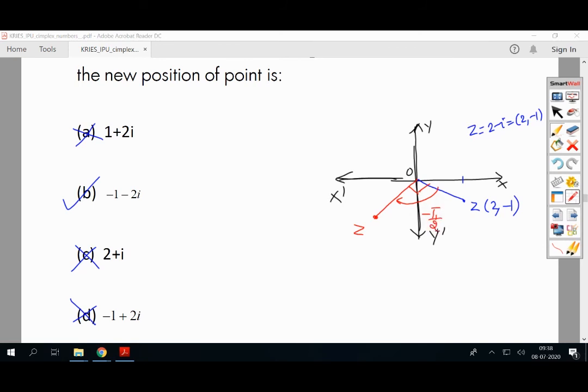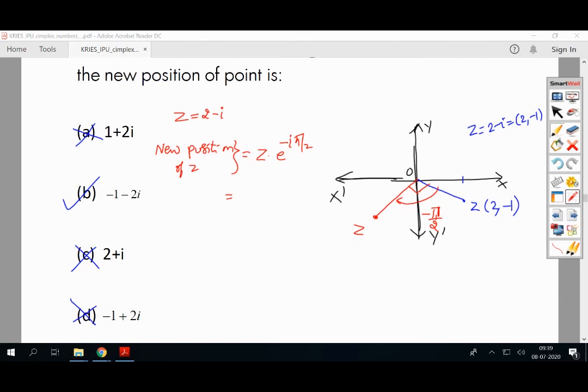Then the new position of the complex number, this is the usual method of finding it. New position of z is given by z into e to the power -i pi/2, which is cos pi/2 minus i sin pi/2.